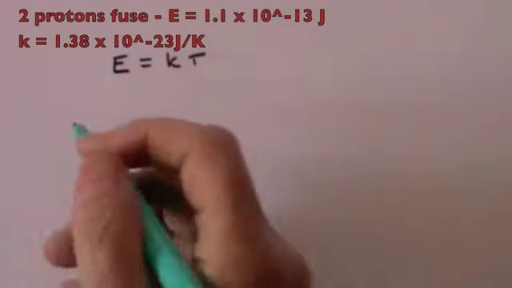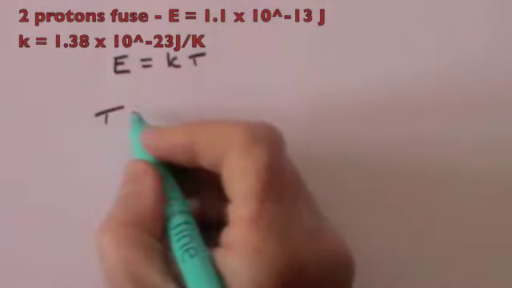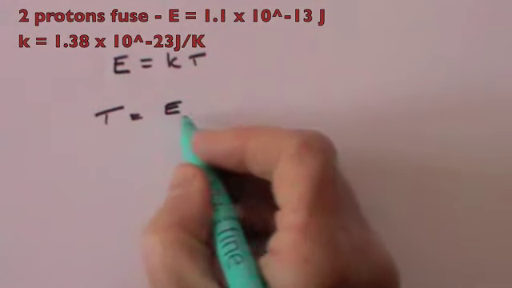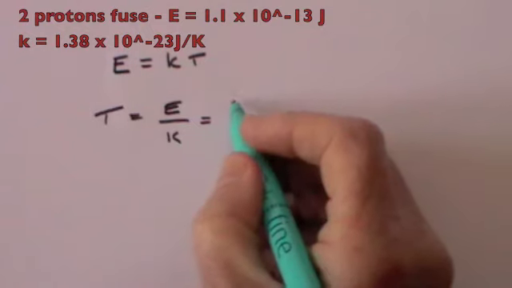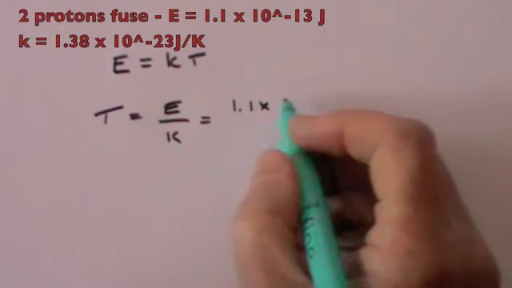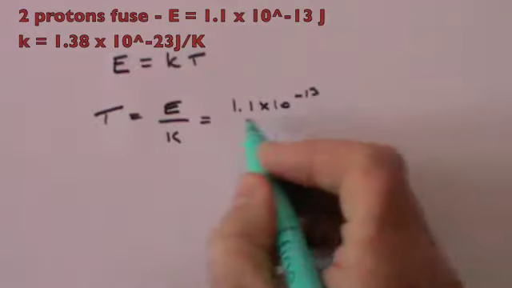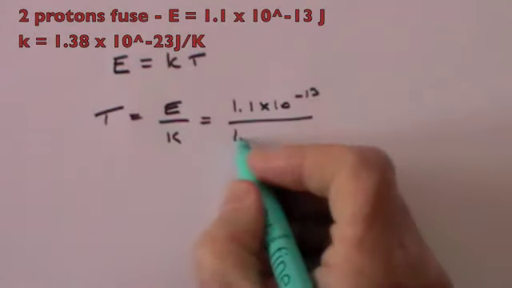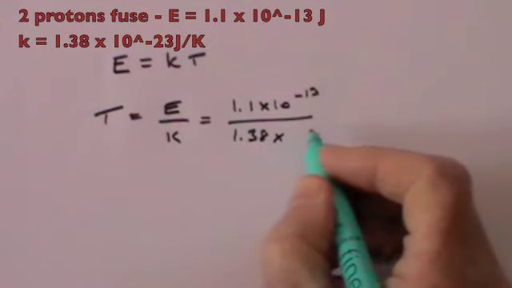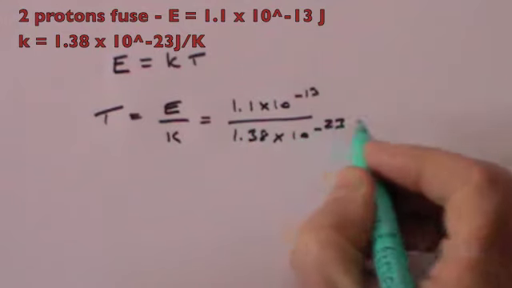And we have been told that we need an energy of 1.1 times 10 to the minus 13 joules. So consequently, the temperature is equal to E divided by k, and that's going to be the energy we need, 1.1 times 10 to the minus 13 joules, divided by Boltzmann's constant, which is 1.38 times 10 to the minus 23.